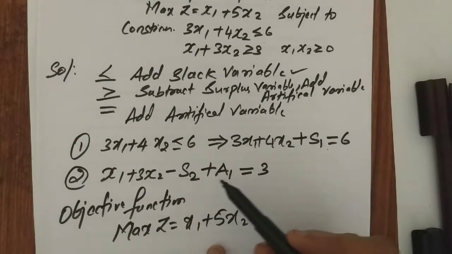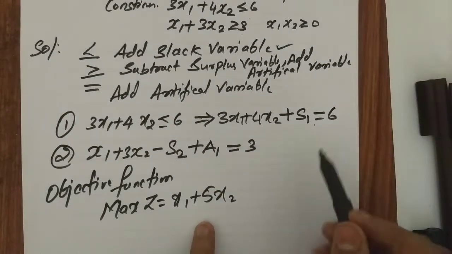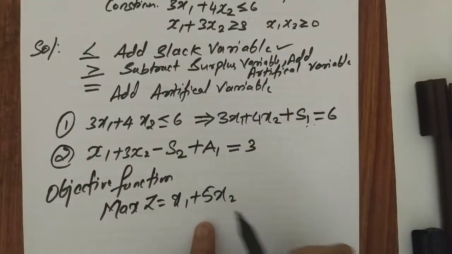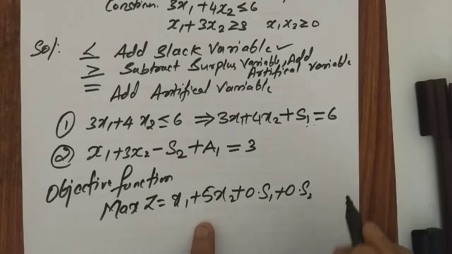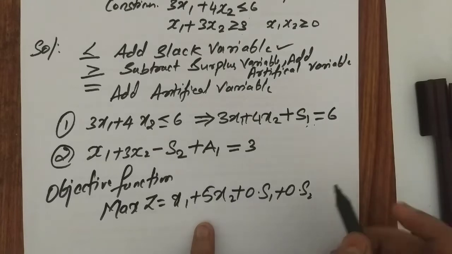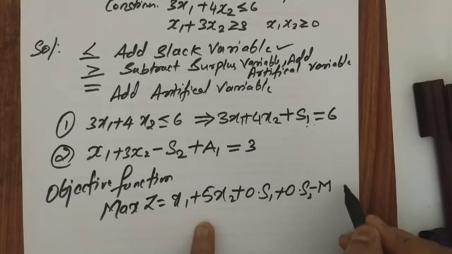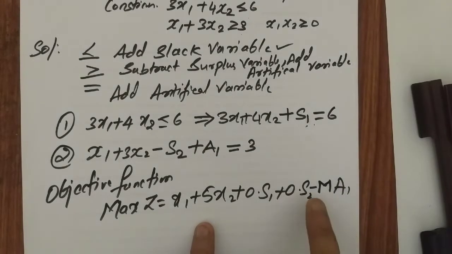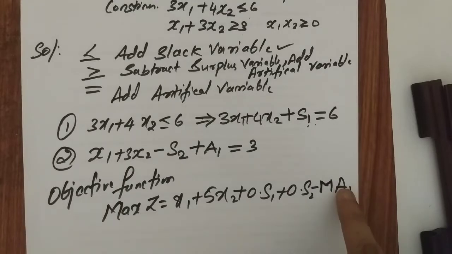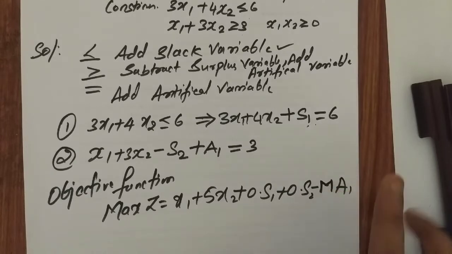We don't have s1, s2, a1 there, so the coefficients of s1 and s2 in the objective function are 0: 0s1 + 0s2. For the artificial variable, its coefficient is -M A1. Capital M represents a very large value. Because of this negative sign, it turns out to be a very small value. This is called the Big M method, where A1 is included to find the basic feasible solution. These are the first initial steps.